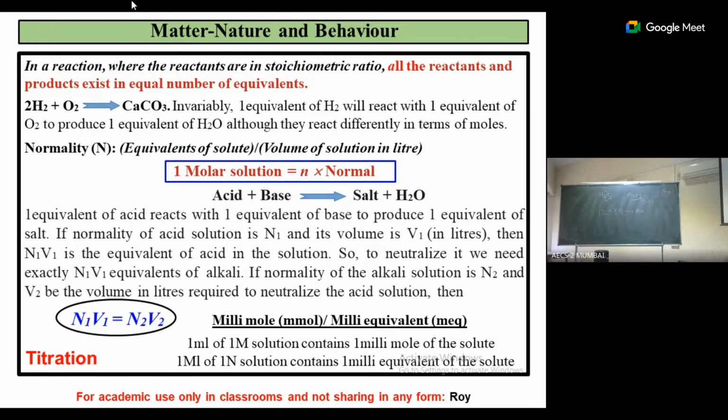So in a reaction, what is the importance? So what I can say is one equivalent of hydrogen will react with one equivalent of oxygen to produce one equivalent of sulfur, not equivalent.